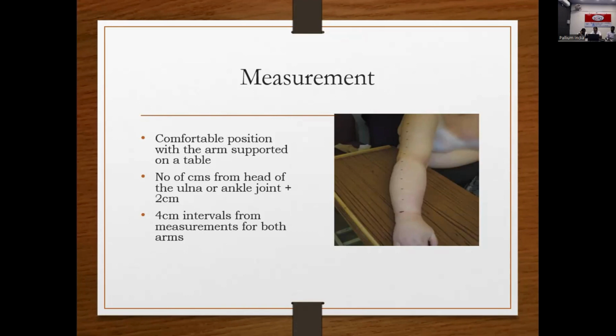We have to check how our management is working, whether any improvement is there or not. We have to take the measurement weekly or within 5 to 6 days. We first take the measurement and note it in the measurement chart, then give the management, some massaging, bandaging.